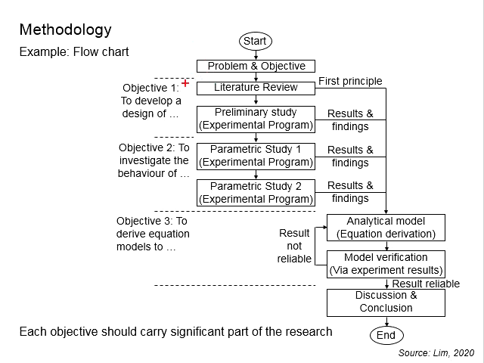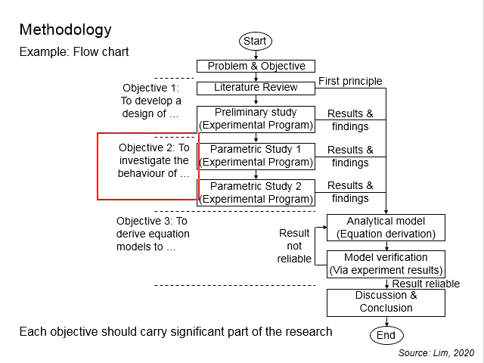Now that you have come up with a design of the something, this design is still quite basic and not fully optimized. You would like to investigate further the behavior of the proposed design, particularly due to the changing parameters.